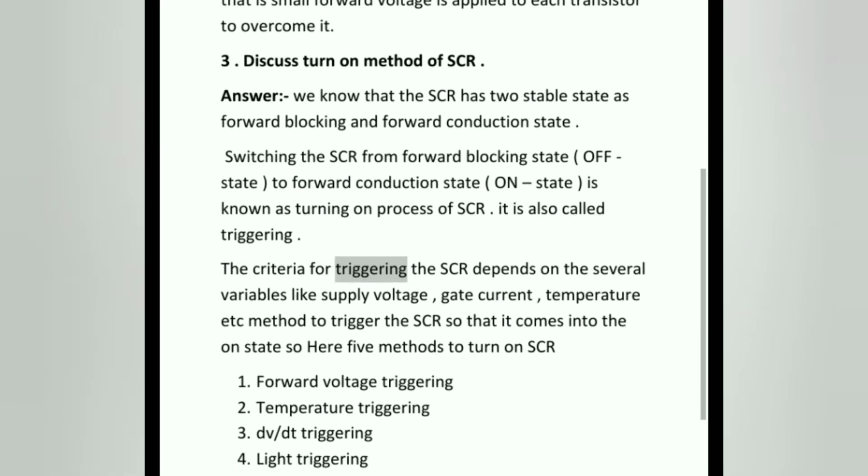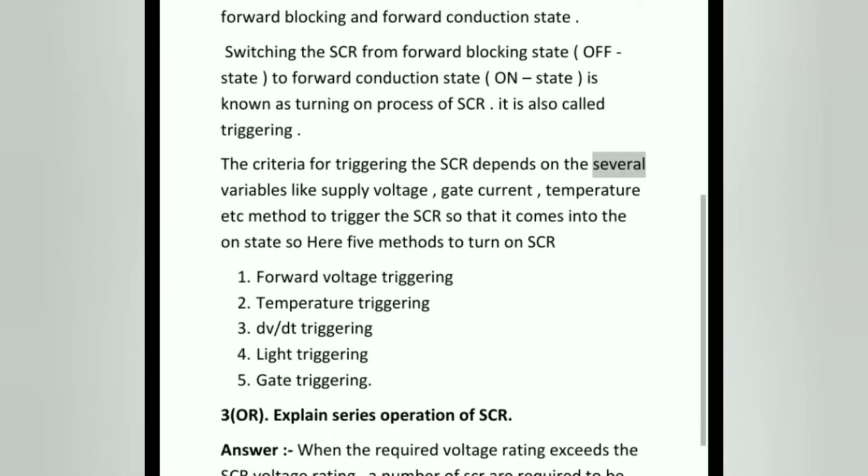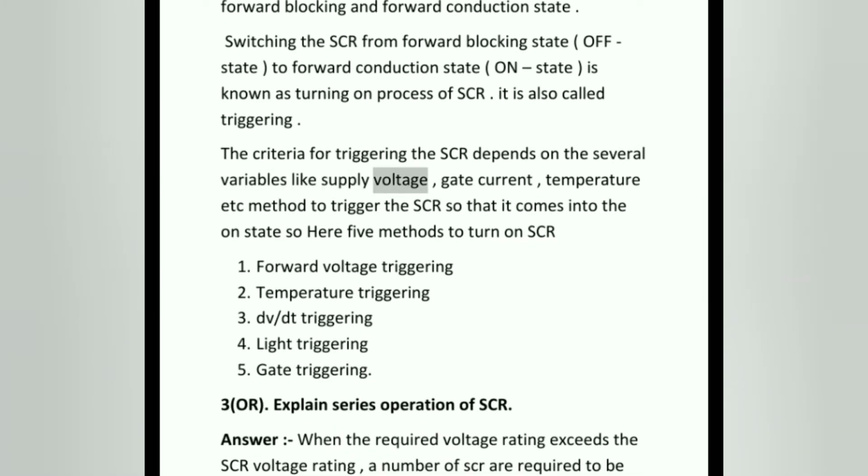The criteria for triggering the SCR depend on several variables like supply voltage, gate current, temperature etc. There are methods to trigger the SCR so that it comes into the on state. So here are 5 methods to turn on SCR: forward voltage triggering, temperature triggering, dV/dt triggering, light triggering, gate triggering.